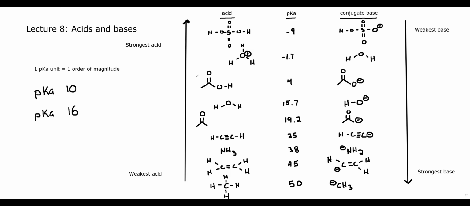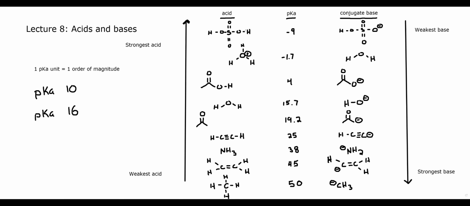Remember, the conjugate of a strong acid is a very weak base. So just looking at our first example, H2SO4, sulfuric acid, it's a very strong acid, has a -9 pKa. Remember, very low pKa numbers, negative pKa numbers, are very strong, and high pKa numbers are very weak acids.